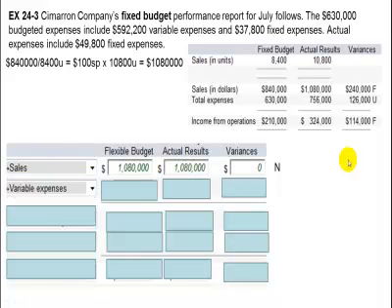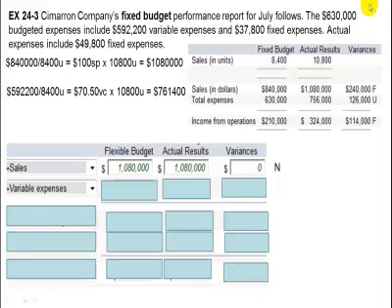The variable expenses in this problem under the flexible budget: the $630,000 budgeted amount, which was this right here, you can break into two pieces. There's a $592,200 variable piece and a $37,800 fixed piece.